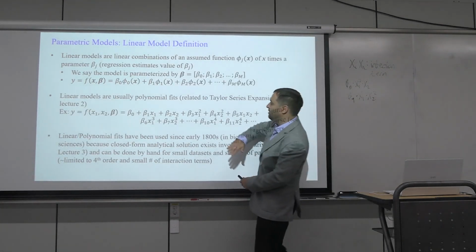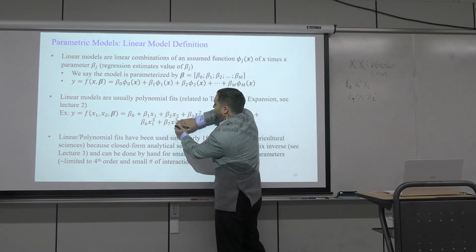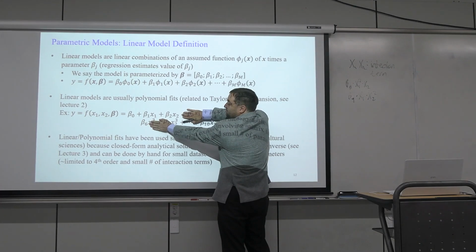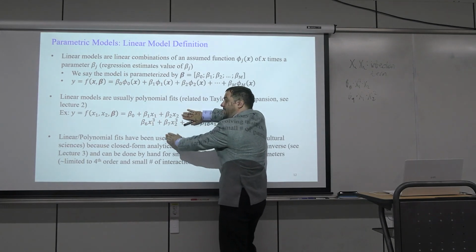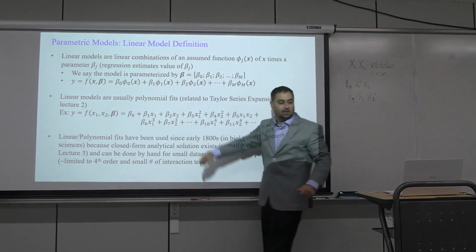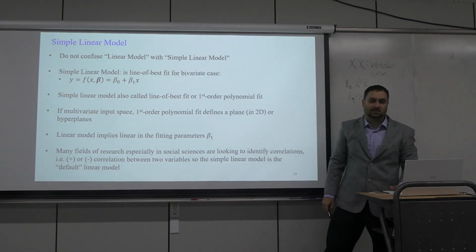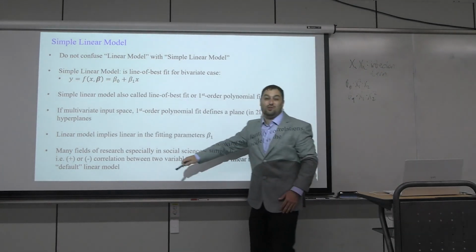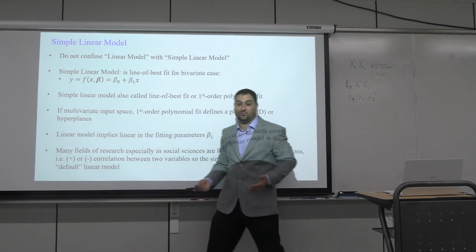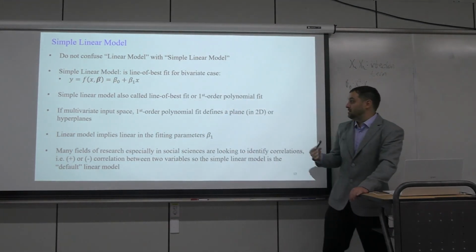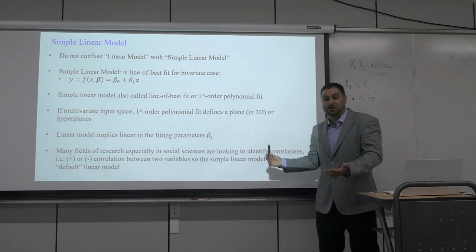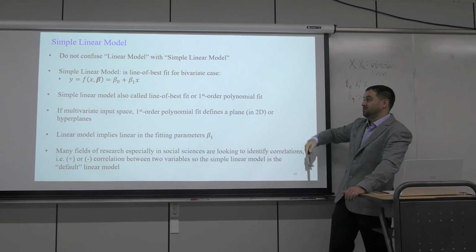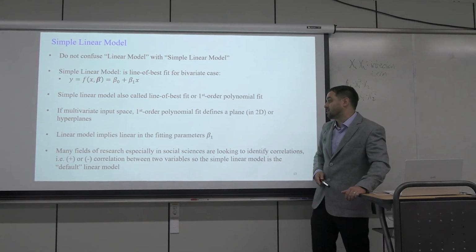In this example, if we truncate this polynomial fit right here, beta naught plus beta 1 times x1 plus beta 2 times x2, that's a 2D plane. But if it's a bivariate case, y equals ax plus b, that's a line of best fit, called a simple linear model. So all simple linear models are linear models, but not all linear models are simple linear models.